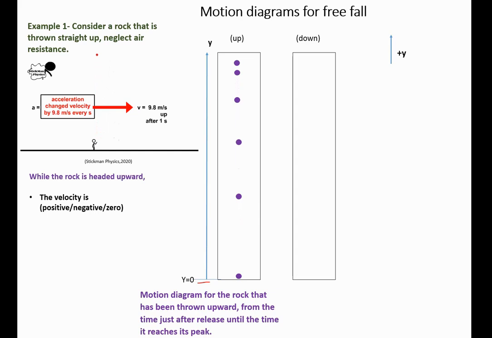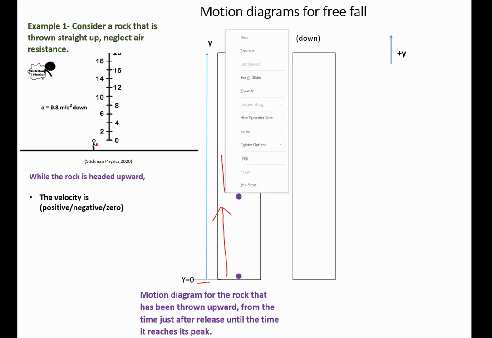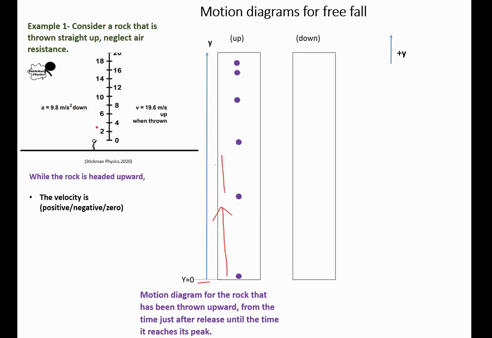Now let's look at the direction of the initial velocity. The initial velocity is upwards. I'm going to draw a velocity vector, and when it is moving upwards, you can see the spacing between two dots decreases, which means it is slowing down while it's moving up.